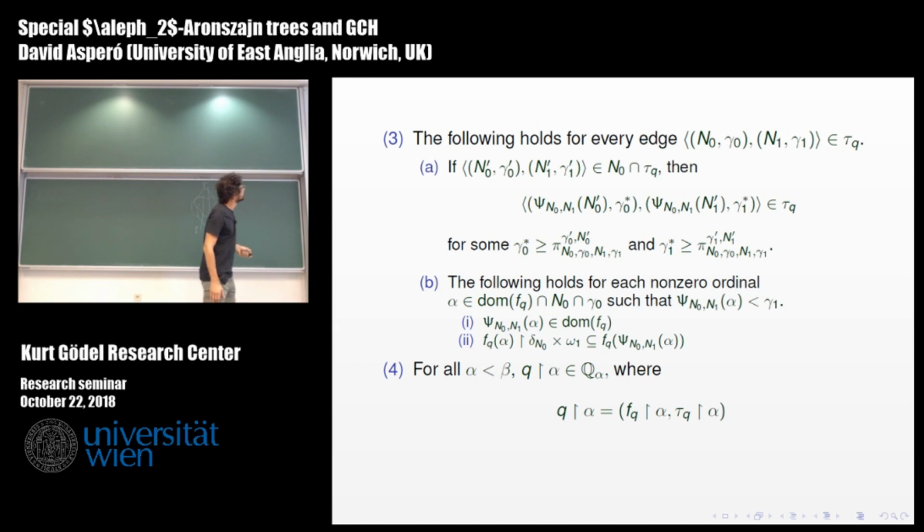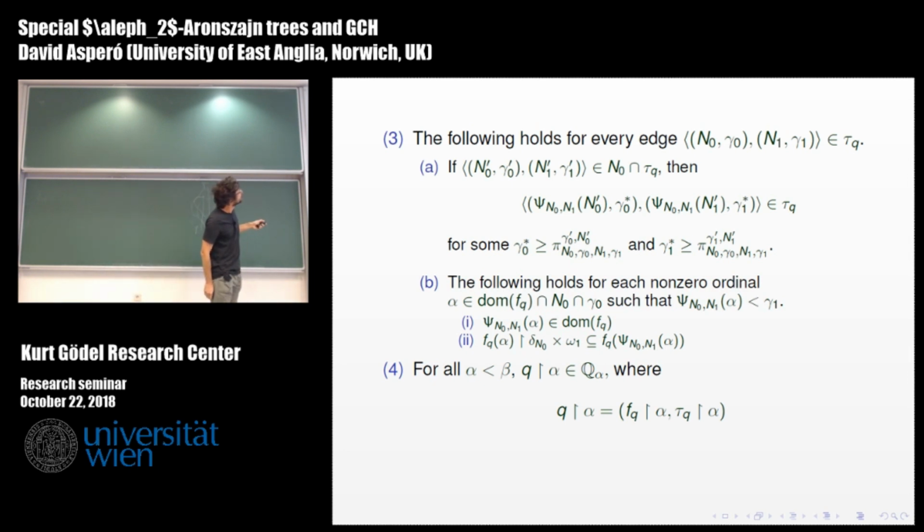Then I have this copying requirement here. Suppose I have an edge in my side condition, then I have to do two things. If I have another edge, n0 prime, gamma 0 prime, in n0, then I have to take the copy of that edge in some meaningful way.